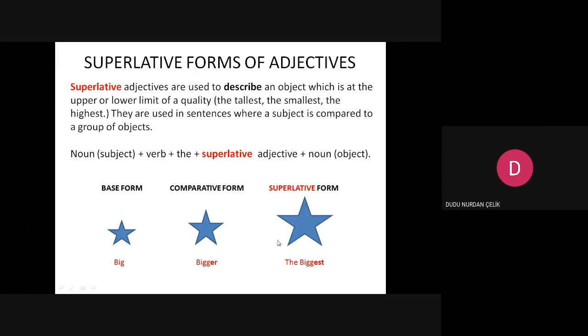And when we compare 3 of the stars in a group and choose the top, we can say the third star is the biggest of all. The biggest. This is the superlative form, and when we make superlative, we add est at the end of the adjective.